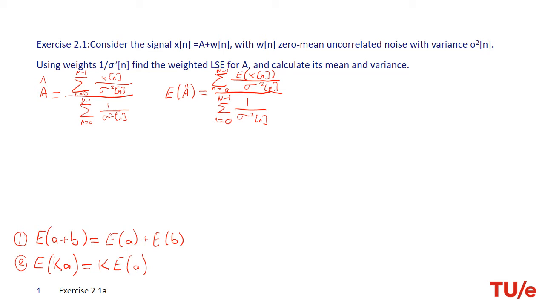Well, xn is given as a summation of a deterministic but unknown parameter a and the noise, which is zero mean, uncorrelated, with variance sigma squared. That means we can write this expected value of xn as the expected value of the signal model with noise. So it's the expected value of a plus omega n.